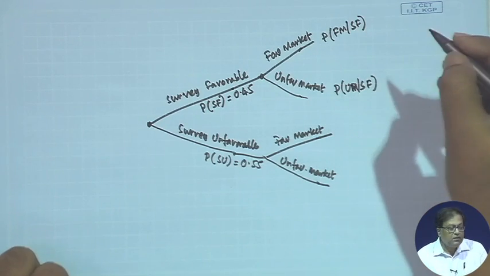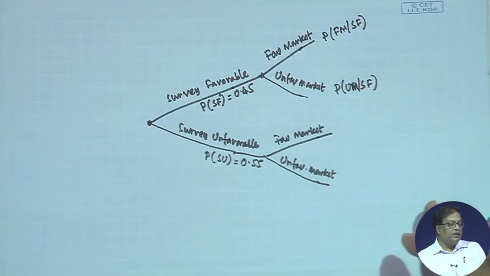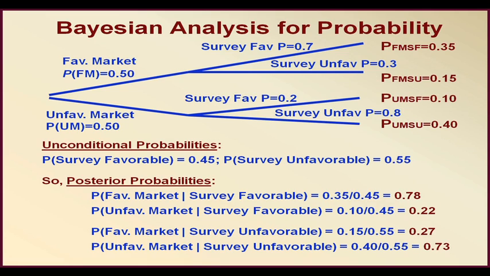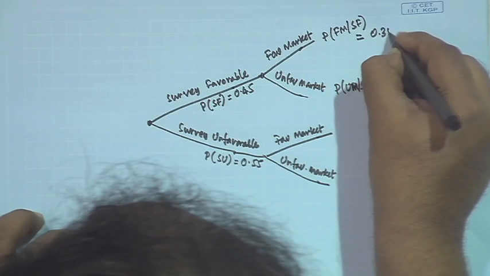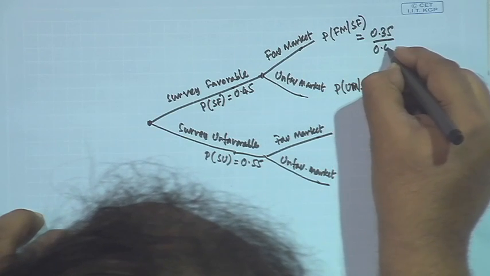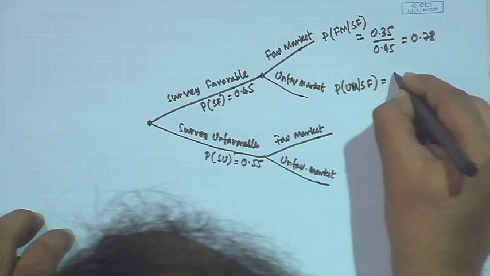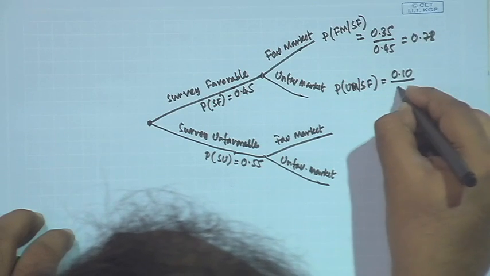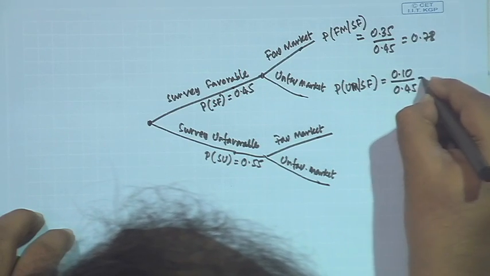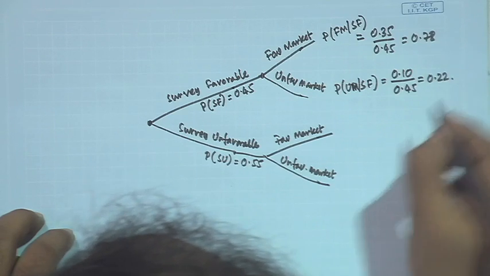Since the ratio is divided into 0.35 is to 0.45, this one would be 0.35 by 0.45 equal to 0.78, and this one will be 0.10 by 0.45 equal to 0.22.